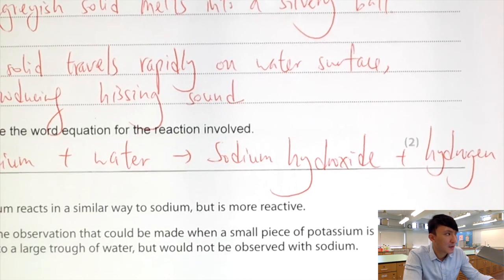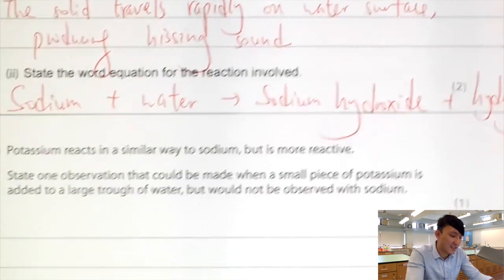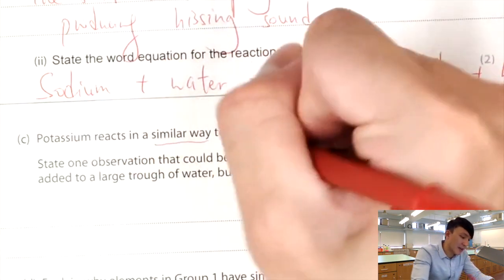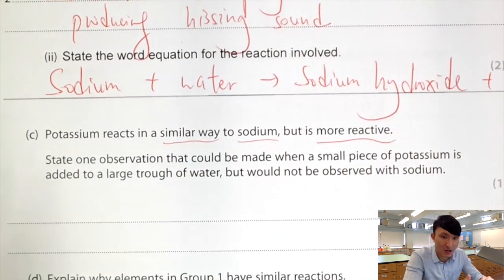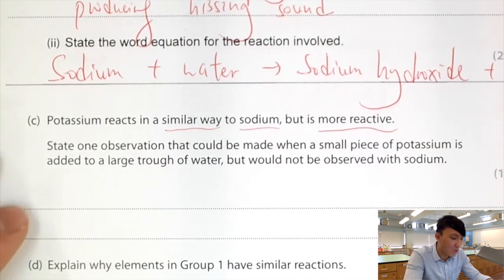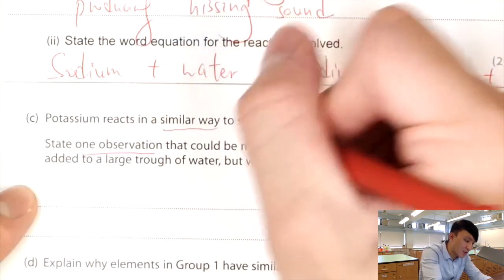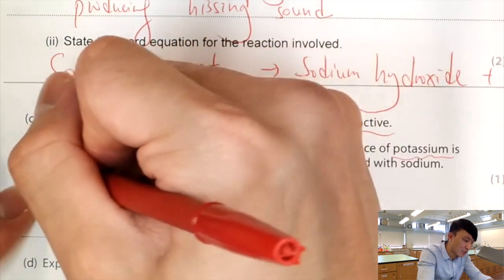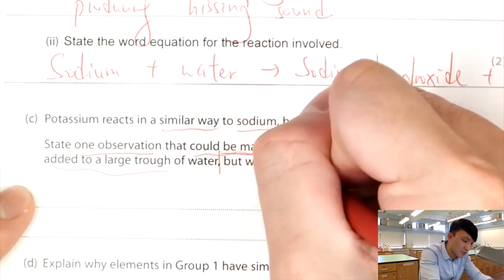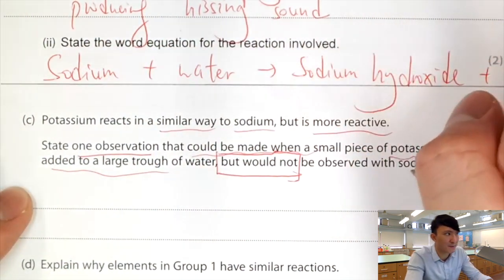Part C. Potassium reacts in a similar way as sodium. Yes, we can predict it. It's more reactive because it's lower down the group. Now, state one observation that could only be made when potassium is added into water, but not with sodium.